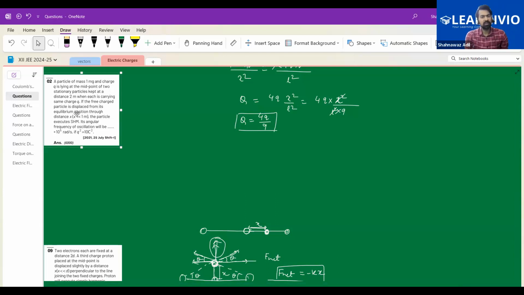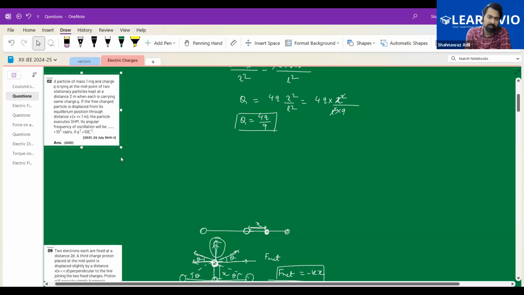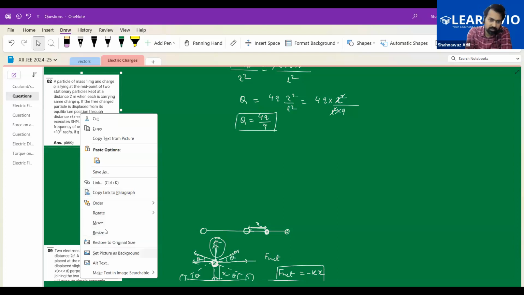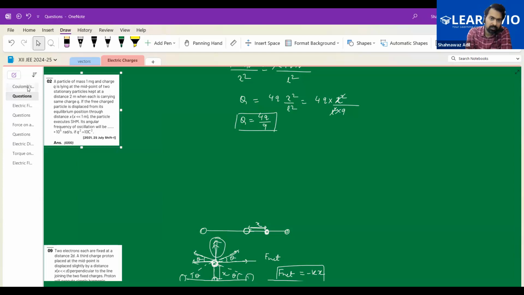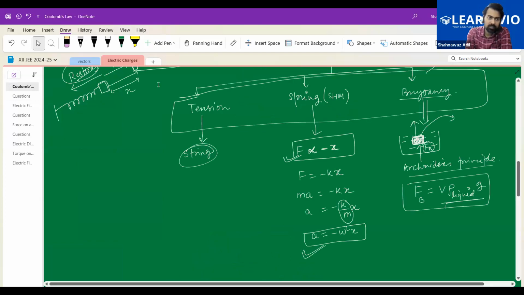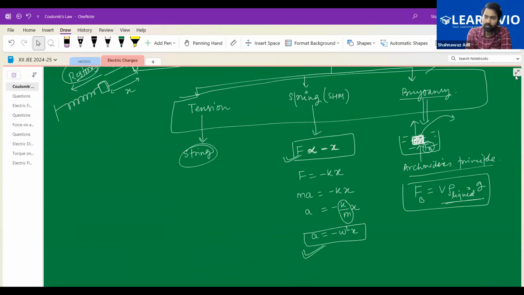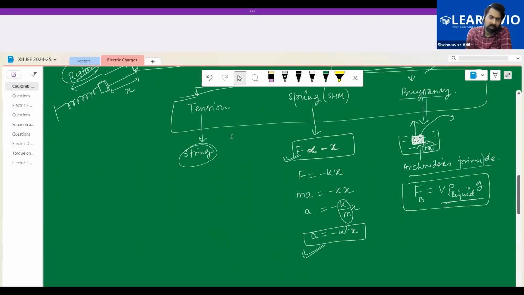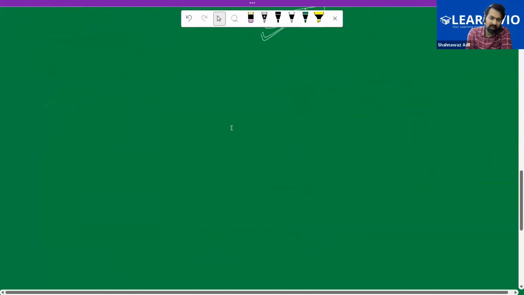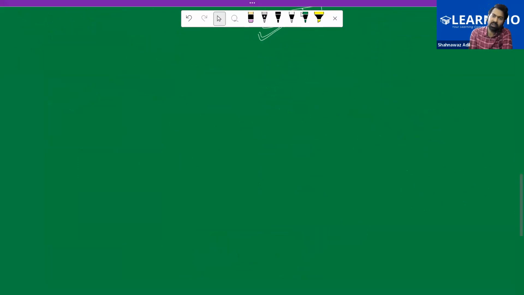Yeah, so let's do this question. Okay, so I will repeat that. What would be the concepts that we will be using? We will be using Coulomb's law.